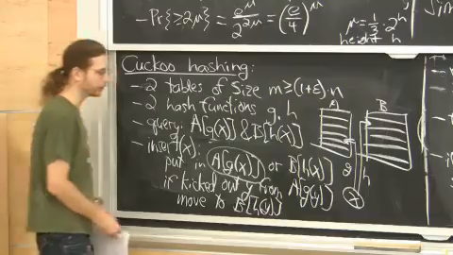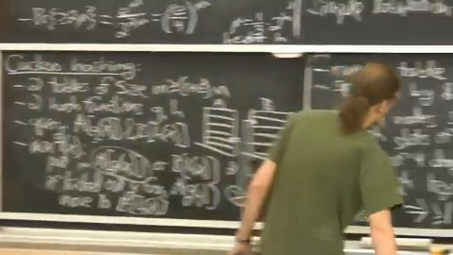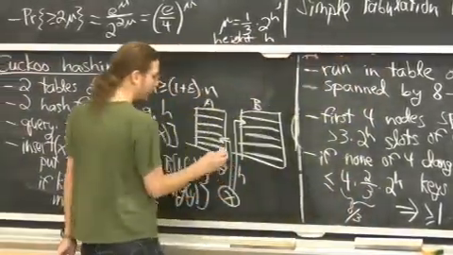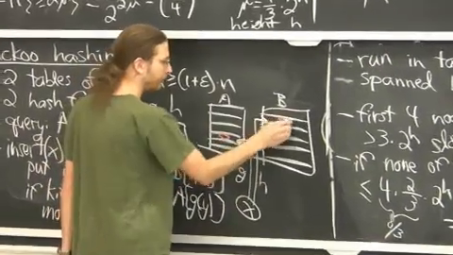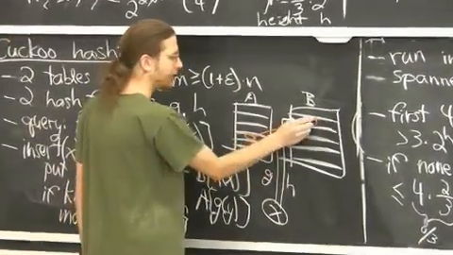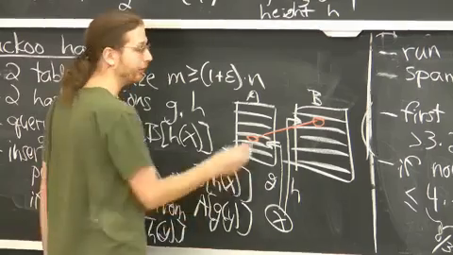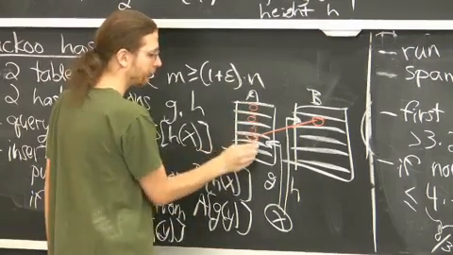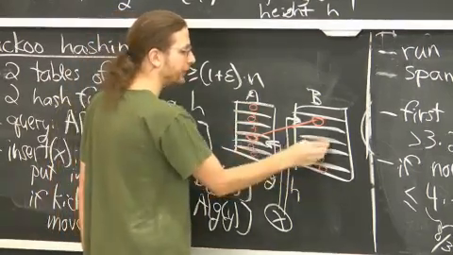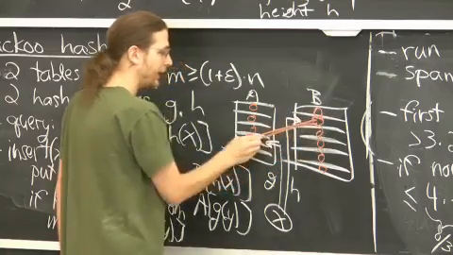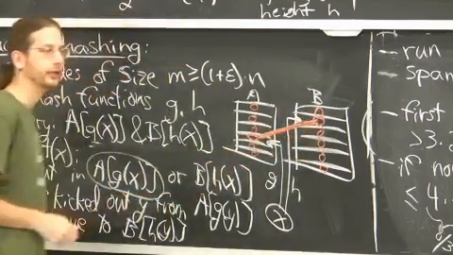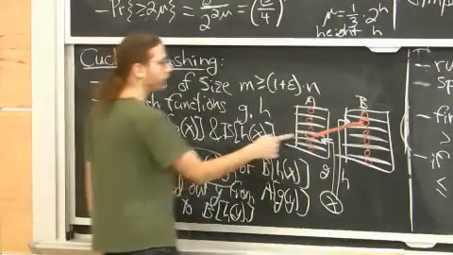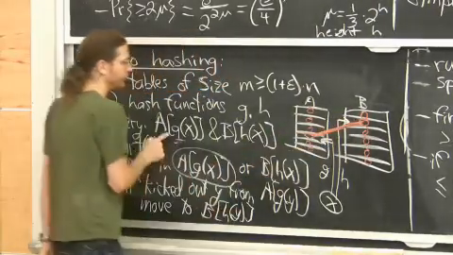Okay. In general, think about a key. It has 2 places it can go. There's some slot in A, some slot in B. You can think of this as an edge in a bipartite graph. So you make vertices for the A slots, vertices for the B slots. Each edge is an item, a key. A key can only live in 1 spot in A, 1 spot in B for this query to work.